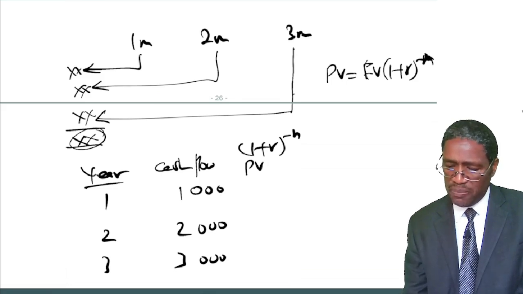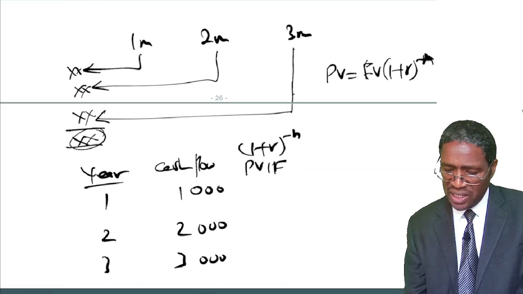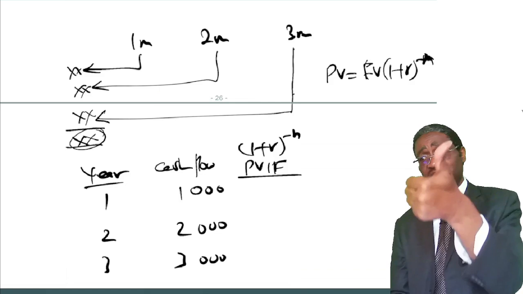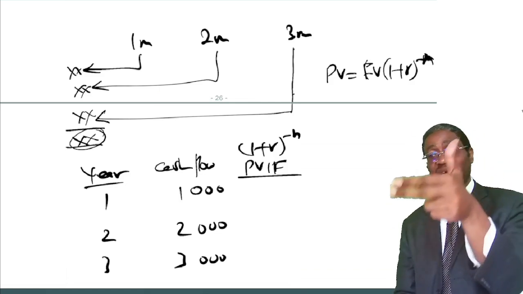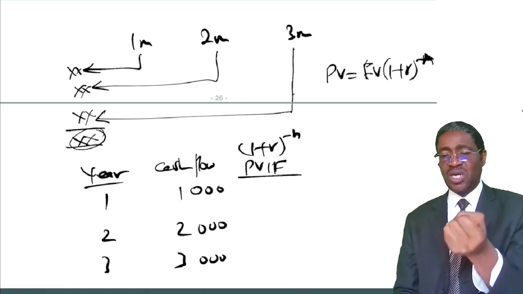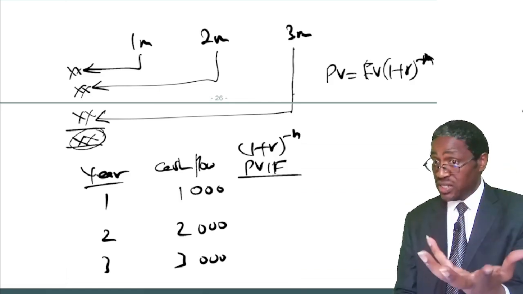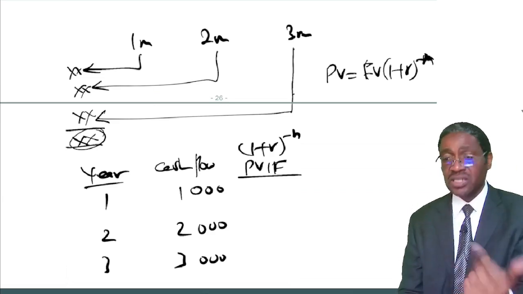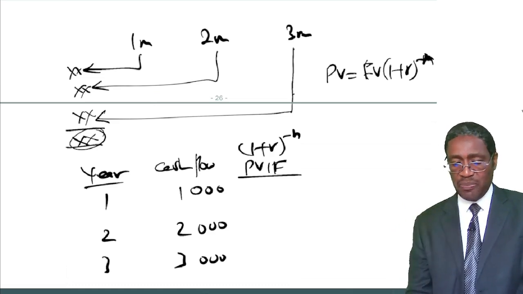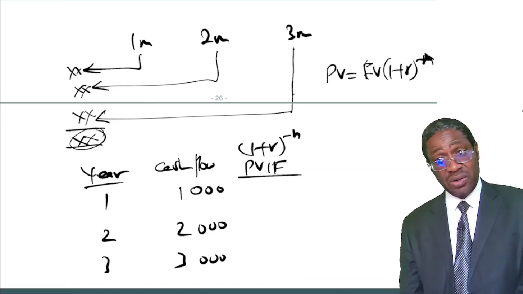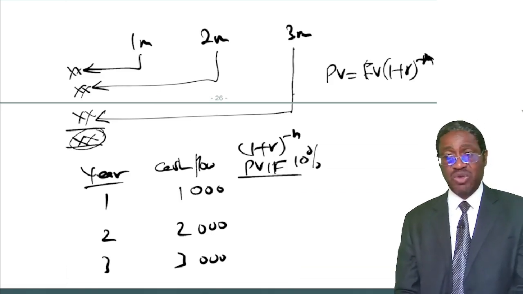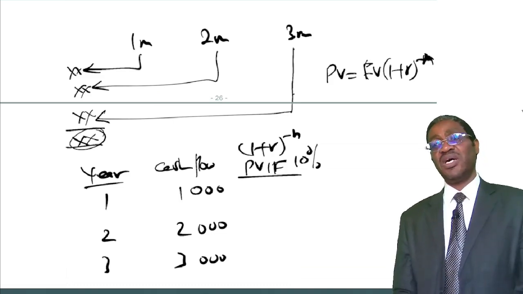Whatever the r is, whatever the n is, that amount you get is the present value interest factor, computed using whatever rate. Maybe the rate is 10%.